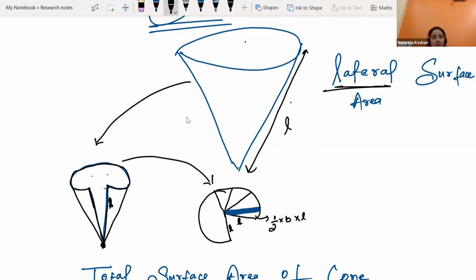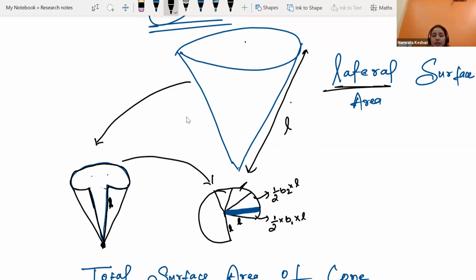For another area, again 1 by 2, base we don't know, let's call it base 1 here and base 2 here, and again the height will be the same. Yes or no?